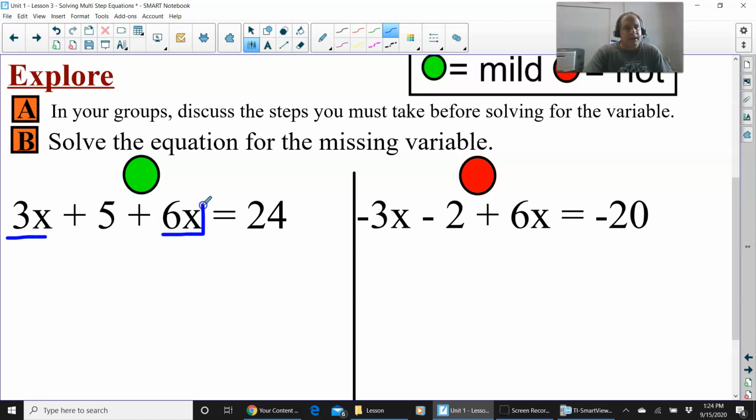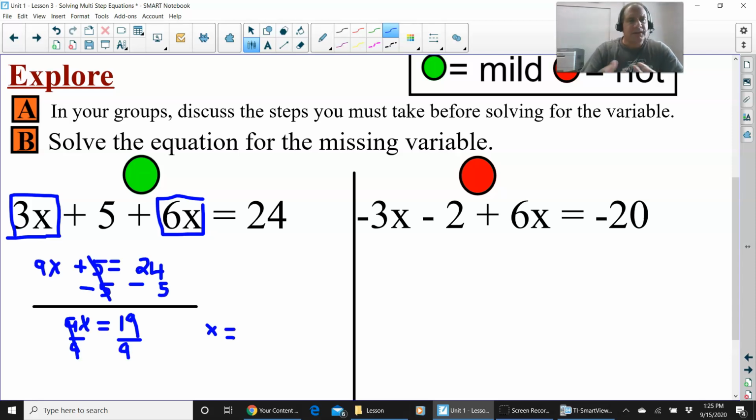I like to box them out better than underlining, because underlining looks like a division symbol, a fraction. So if you box them out, those two numbers are like terms, you're going to combine them first. Go ahead, do the green side and the red side. Press pause now.